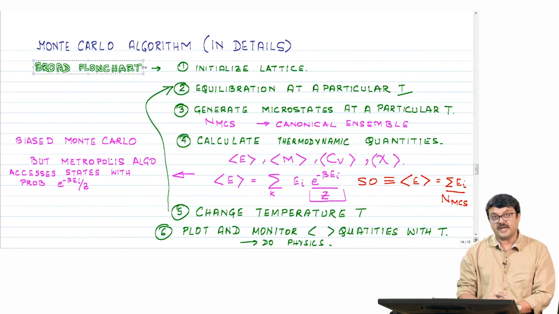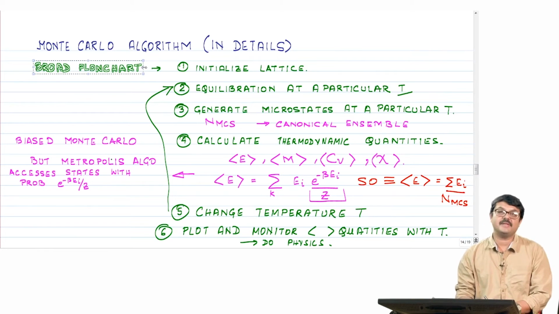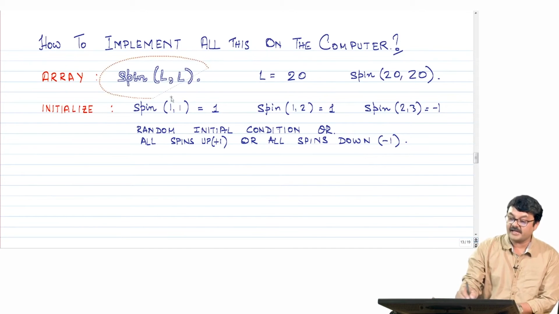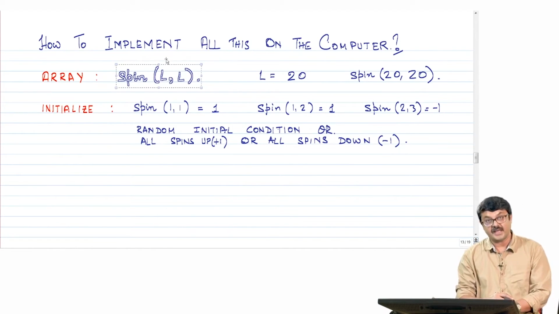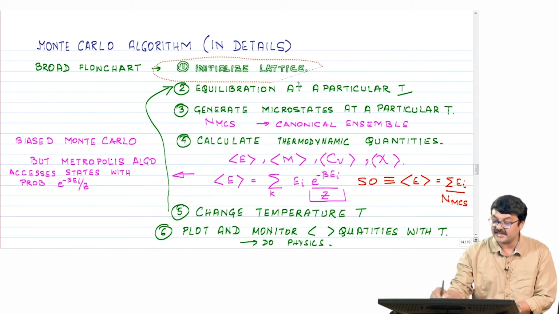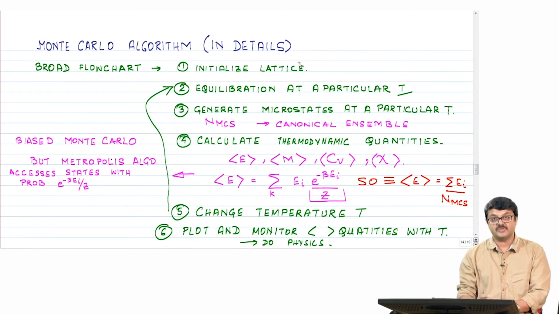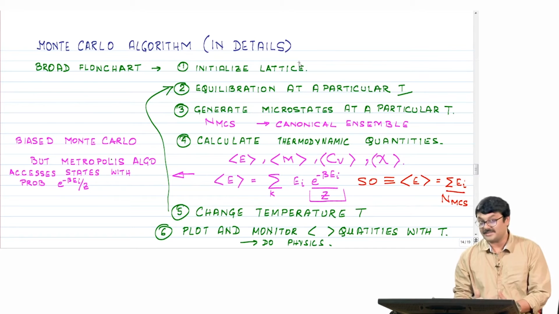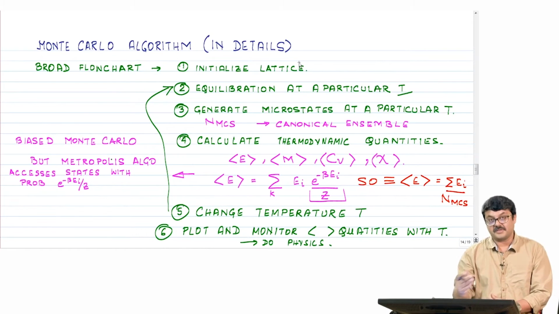As we discussed last time, spins on a lattice can be described by, I will just remind you, a two dimensional array of L cross L, L being the size of the lattice. What one has to do is, at the beginning, initialize the lattice, which means give values to the different elements of this array as plus 1, minus 1, whatever way you want to initialize the lattice.